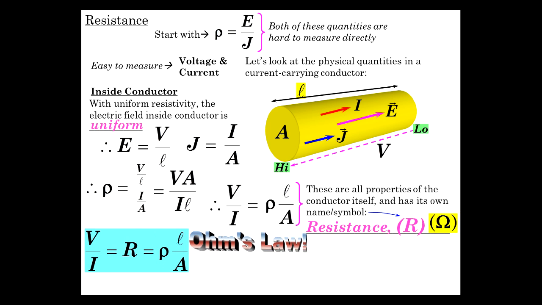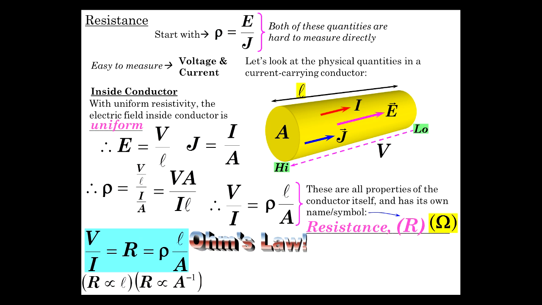Here it is, V over I equals R, which is rho L over A, and that really is Ohm's law. You might recognize it. If not, there it is, and we're going to be using it. Ohm's law relates volts, current, and resistance. And it also relates it to resistivity, the characteristic property of a material, times its length divided by its cross-sectional area.